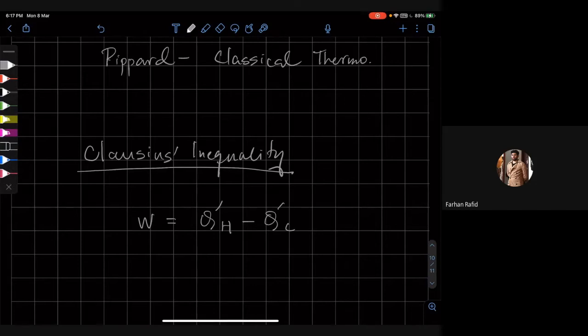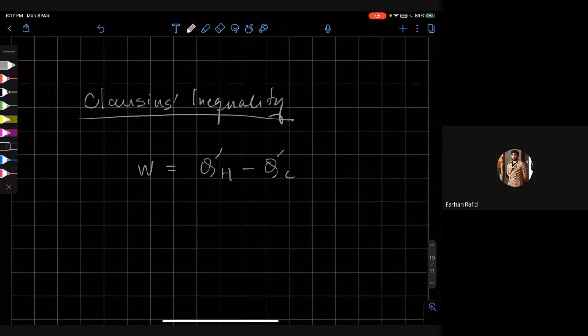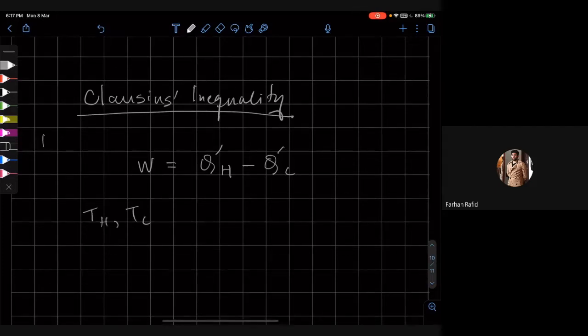So the efficiency here is not going to be as much as a Carnot engine. We are talking about a heat engine working between temperatures TH and TC. So this is an irreversible heat engine. It's not as efficient as a reversible heat engine.